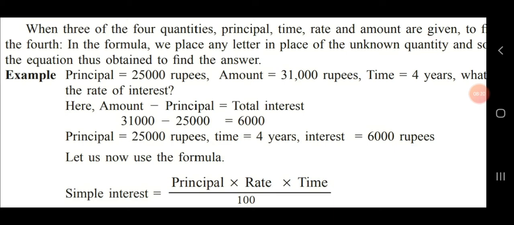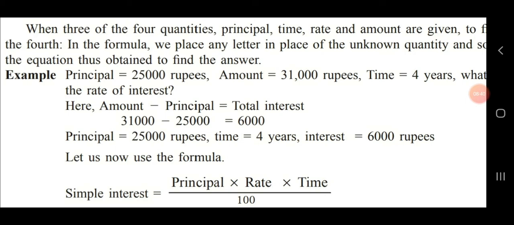So if we want to find total interest, it should be amount minus principal. That's why 31,000 minus 25,000, it will be 6,000. That will be the total interest.